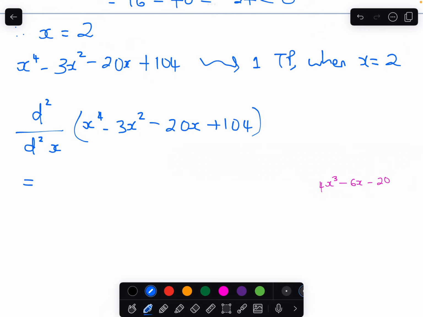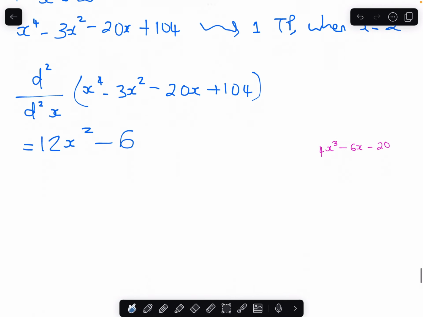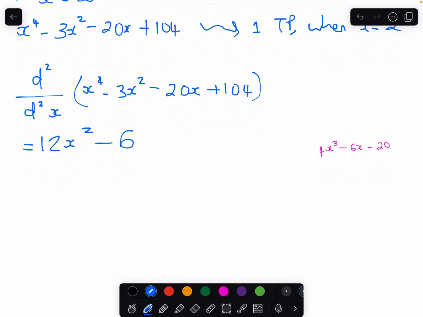So that'll be 12x squared minus 6. Okay, so now we're interested to see what the concavity of the graph is. I'm actually just curious about the concavity of the graph in general. So 12x squared minus 6.